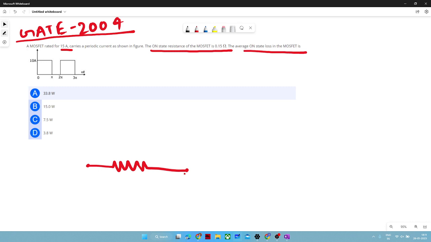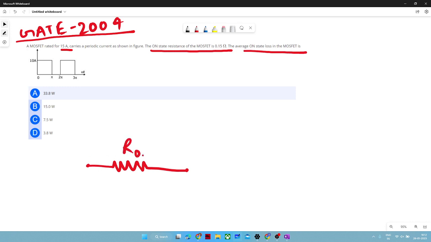If it is an N-type MOS, it will create an N-type channel, and through that channel the conduction will take place. We will see in a later session how that works. First, if we get done with these problems, then it would be easier for us to understand those topics.